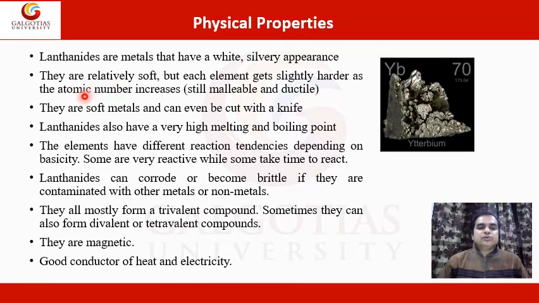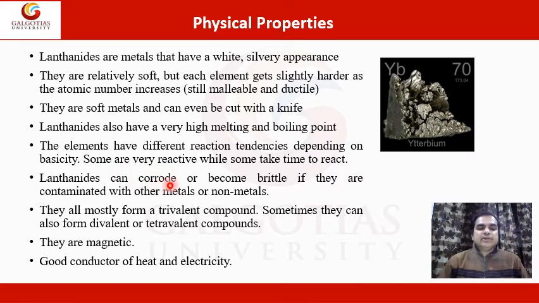They are soft metals which can be easily cut with a knife. Another property is that they have very high melting and boiling points, and they have different reaction tendencies depending on their basicity. Some are very reactive in nature while some take time to react with other compounds.